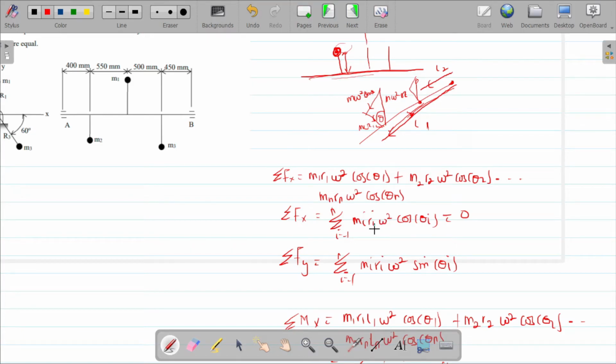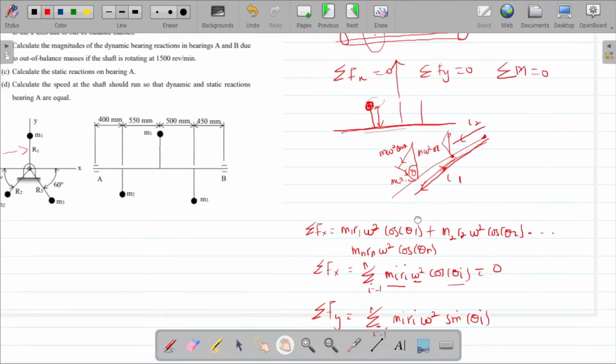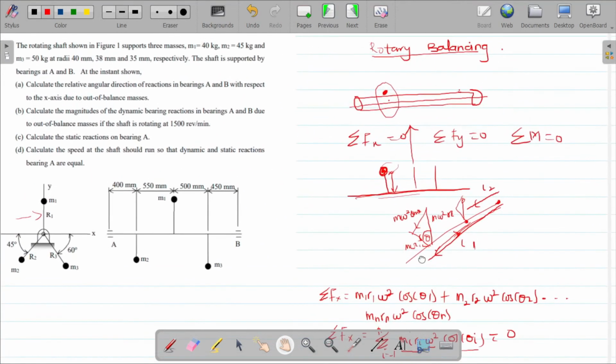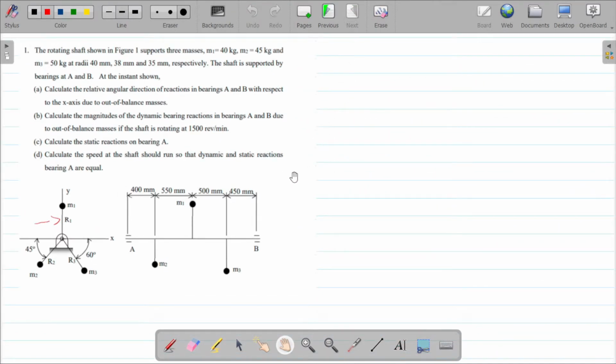This means that for the force to be balanced in the x direction or any direction, or the moment to be balanced, omega doesn't play a role. The focus is just mi ri and theta i, and for the moment, mi ri li. So I'm just going to create a table that will have the force and the moment in it for this particular question.